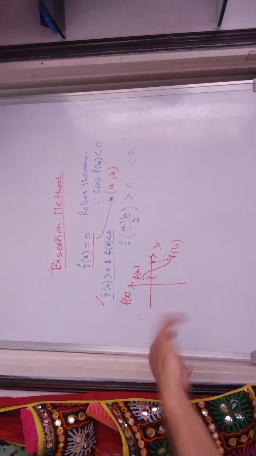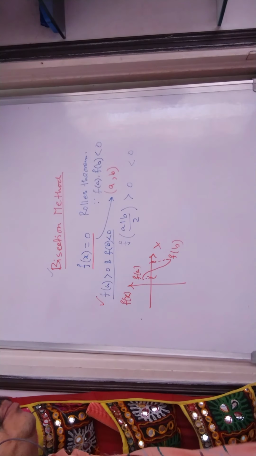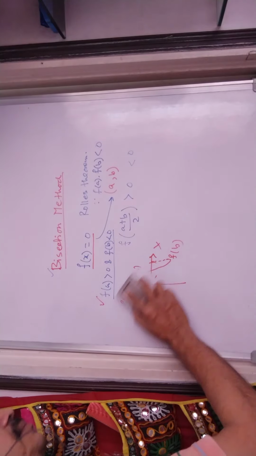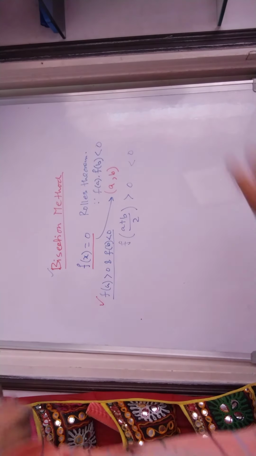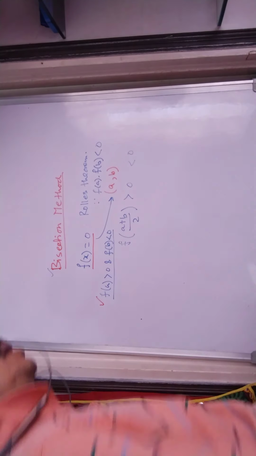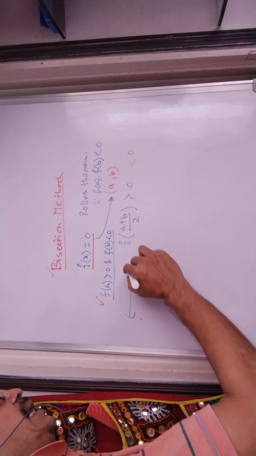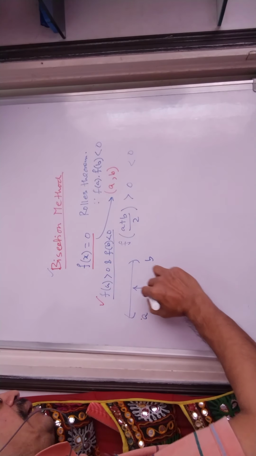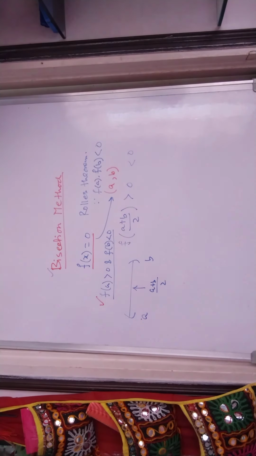The other way around, if f(a) is negative and f(b) is positive, the picture will remain the same, more or less. So here we have assumed that f(a) is positive and f(b) is negative, and we halved the interval ab and bisect it at the point (a+b)/2. Then we check whether it is positive or negative.